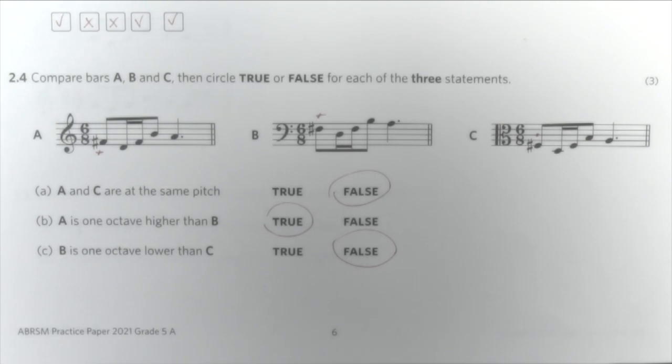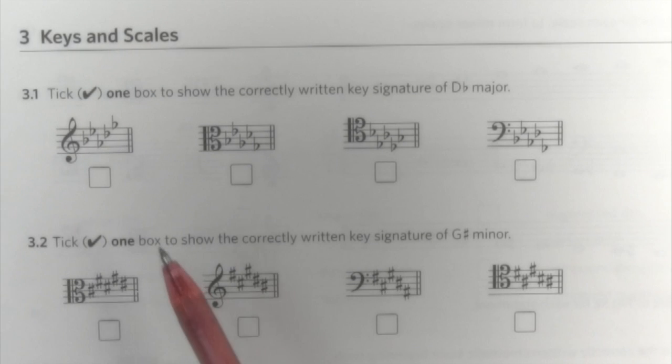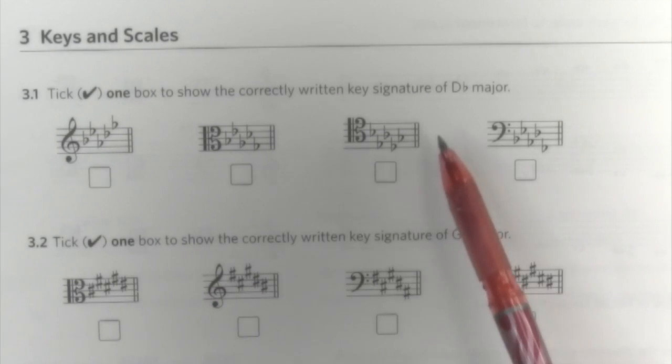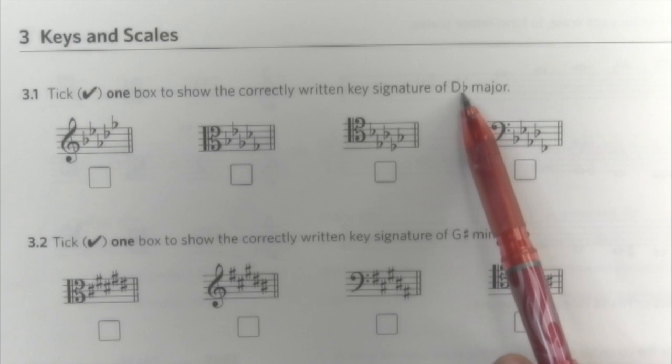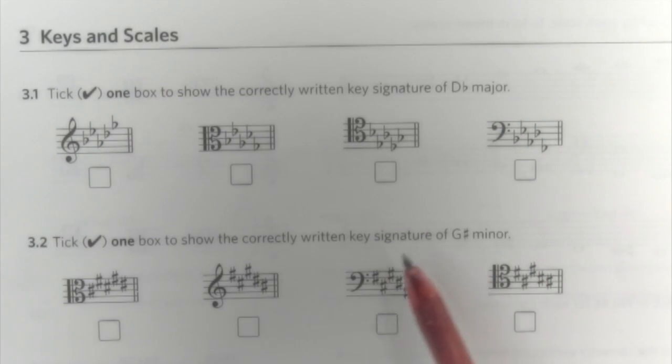Let me know. Let's move on to the third section, which is very substantial because it talks about keys and scales, a very important topic in music. In the first two questions of this third section, we are asked to tick the box that shows the correct key signatures of D flat major and G sharp minor correctly written in the given clefs.